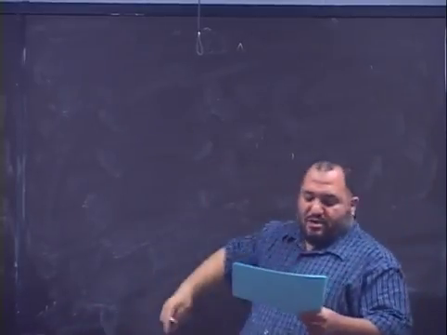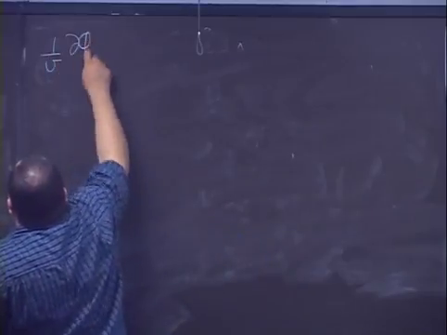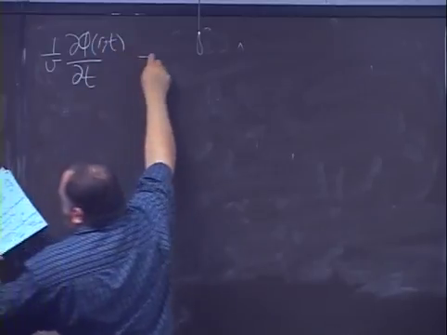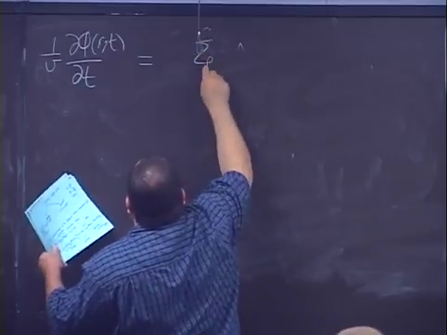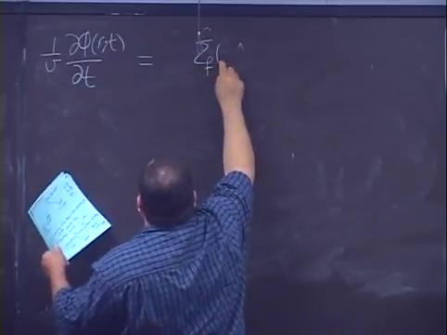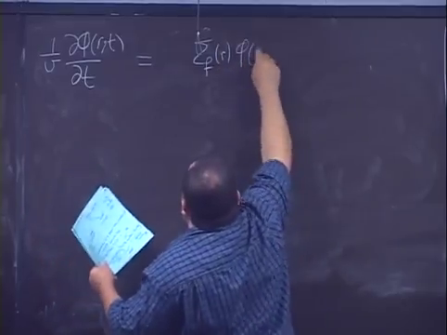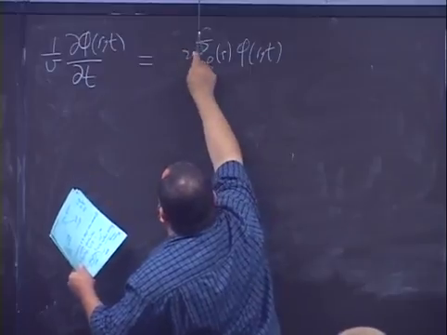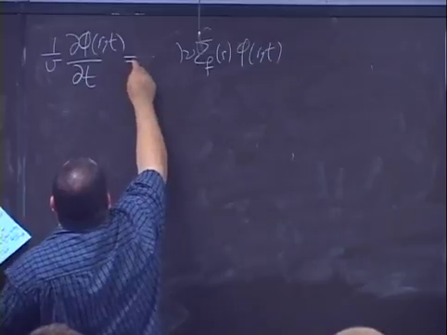Now, let's write the diffusion equation. 1 over the velocity v, d phi of r and t by dt, equal to the fission source, sigma fission of what? Of r, the flux of r and t. And I have to multiply here by what?